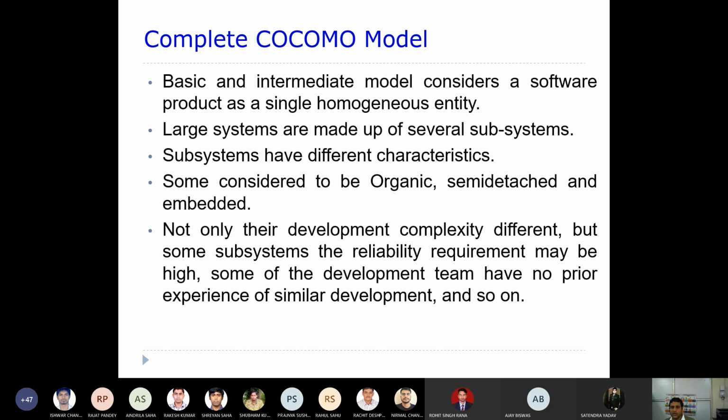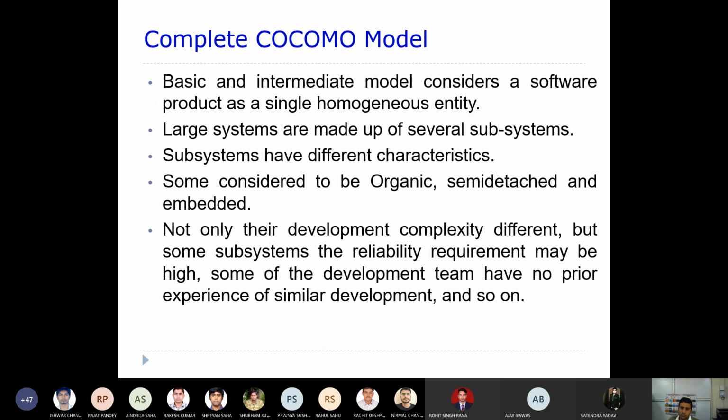According to the basic and intermediate models, the whole system is considered as a homogeneous entity, but this is not true. When you talk about a large system, it is made up of several subsystems, and these subsystems have their own different characteristics, different from one another.